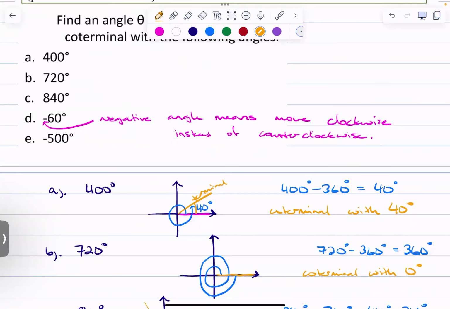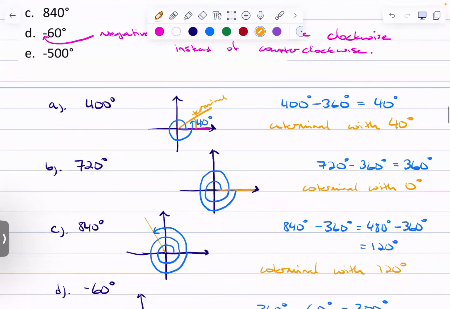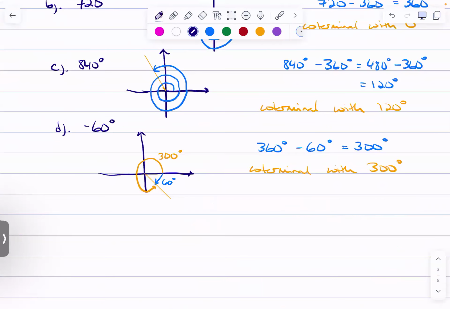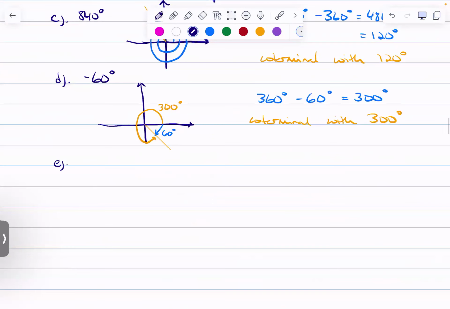Well, negative 500. Do the same thing, but clockwise instead of counterclockwise. Can do that. Now, I kind of, in my head, drop the negative and just remember which direction I'm moving.